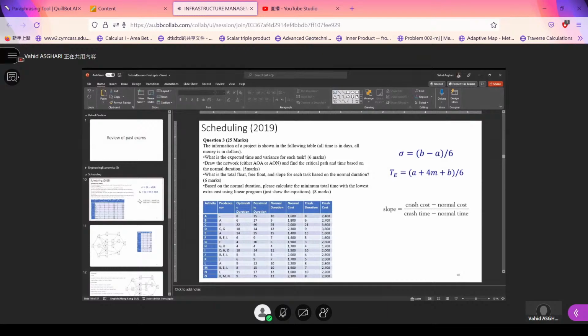The next part says to draw the network, either activity on arrow or activity on node, and find the critical path and time based on the normal duration. We also did this exactly in class and in the assignments. Nothing new.